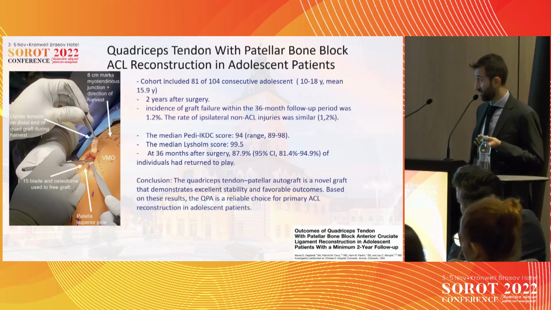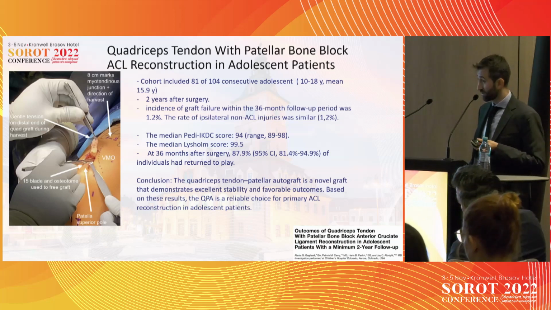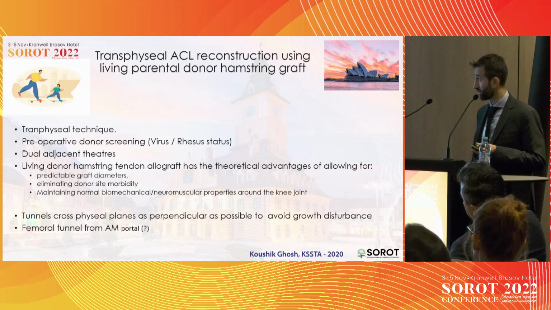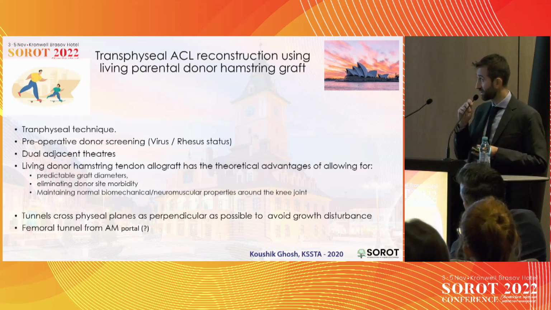And we have, of course, quadriceps tendon that is now very recommended in adolescents. These are the results, for example, from Gagliardi, US, good results in terms of function and without so many problems. So this is a good option also for this technique.